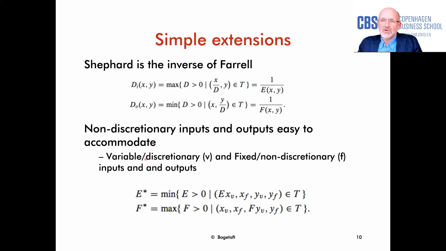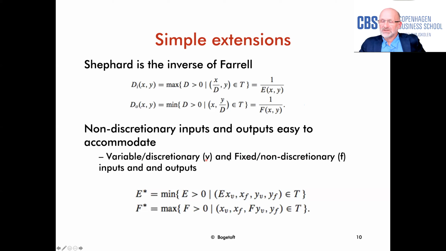We also sometimes call them discretionary inputs or discretionary outputs, because it is at the discretion of the agent to choose that level. So you can distinguish between factors that you can actually vary and then factors that are fixed or non-discretionary, something that you cannot choose to change as a firm or as a hospital in our example with doctors and nurses.